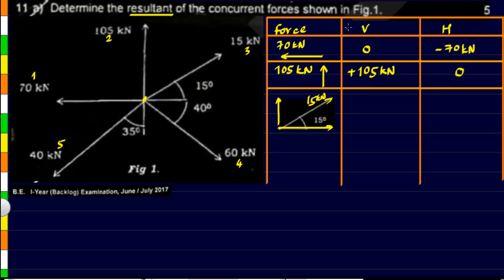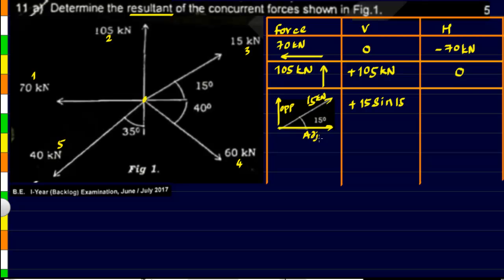When it comes to the vertical component, this is not adjacent to the angle, so we can call it opposite. And this is touching the angle, so it's adjacent. Opposite is a term which comes in sine of theta, and hence it is sine of 15 degrees. The force is 15 kilonewtons and the angle is 15 degrees. So that's what it is going to be. And since it is acting upwards, we have to take it as positive.